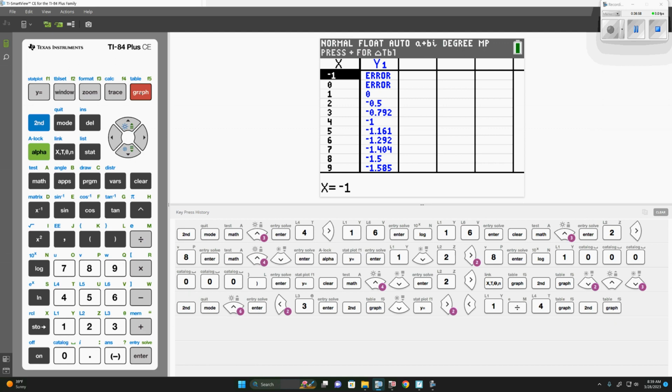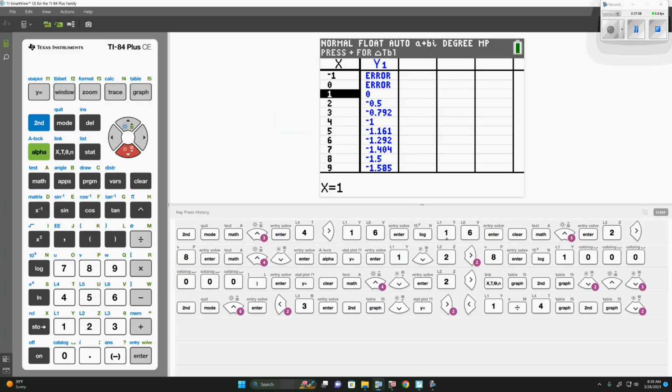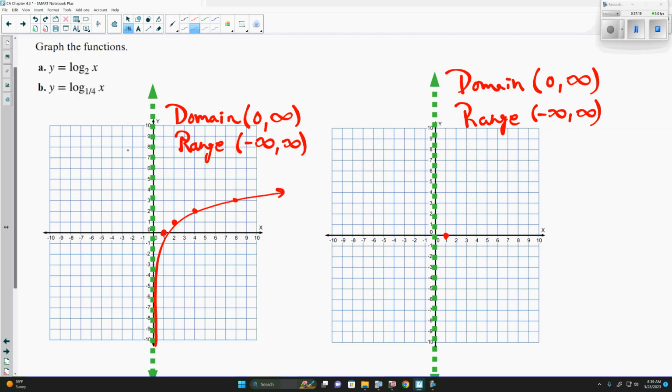Now to finally graph it, we just need to get some points. Well, one of them that we have is 1, 0. Now the next one we can plot is 2, negative 0.5. And this is not an approximation. It actually works out to be exactly 2, negative 0.5.